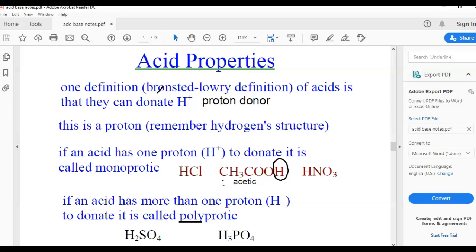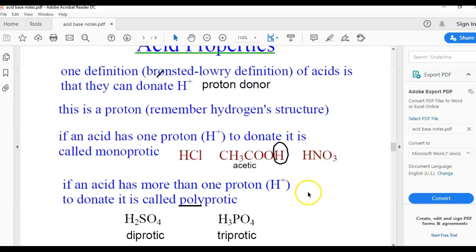Notice in acetic acid's case that those three hydrogen are combined with carbon. They will never be acidic hydrogens. It's almost always attached to an ion or an oxygen. Okay? So these are not acid hydrogen.